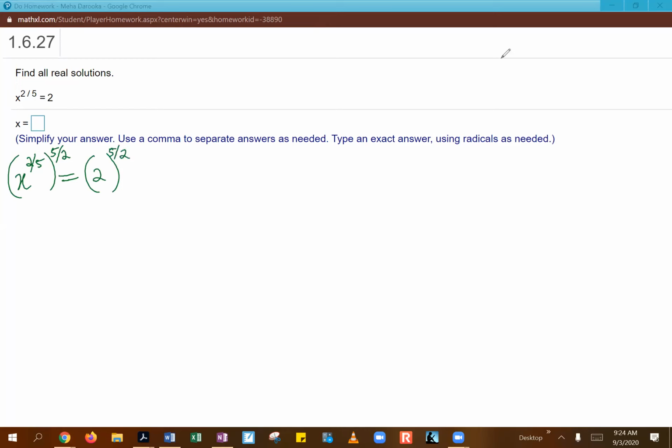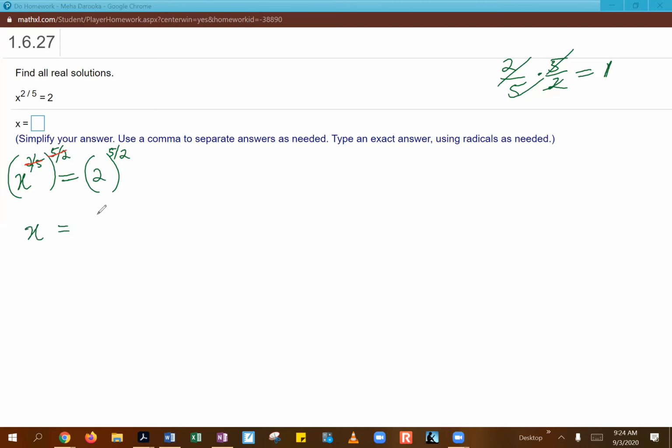Now the idea is when I take 2/5 and multiply it with its reciprocal 5/2, you can of course see our numbers will cancel each other out and we end up getting 1. That's how we get our variable by itself, by raising it to the reciprocal, so they cancel each other out and we get our variable just by itself.